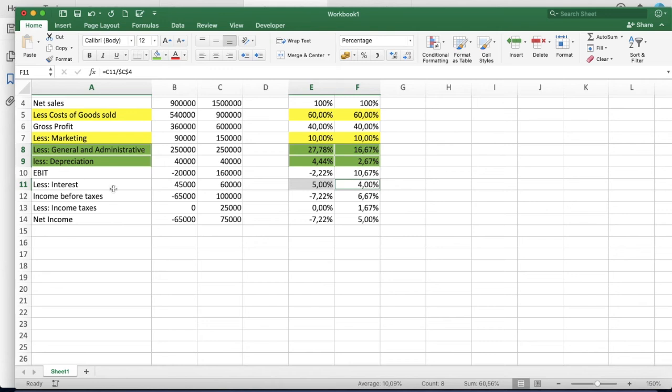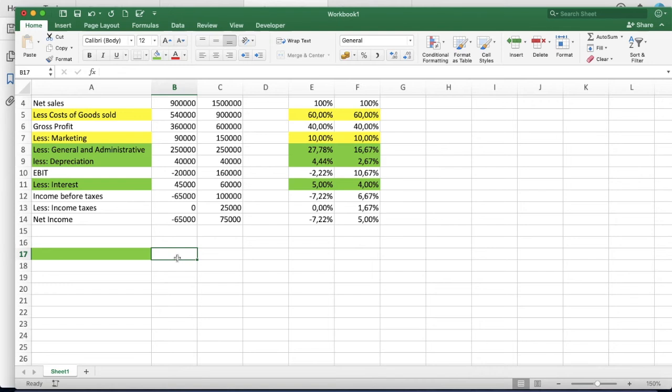This means that interest should also be considered as fixed cost. That's it. So the green color is for fixed cost, while the yellow color is for variable costs.